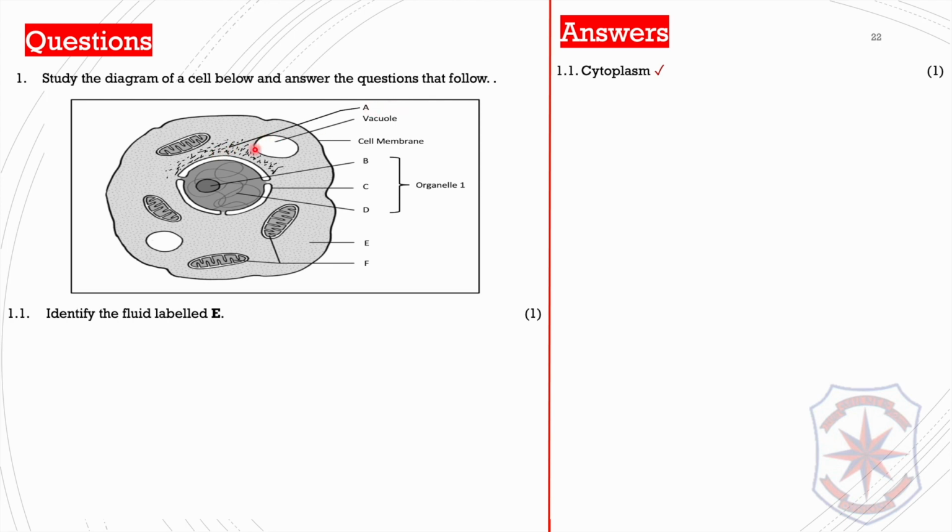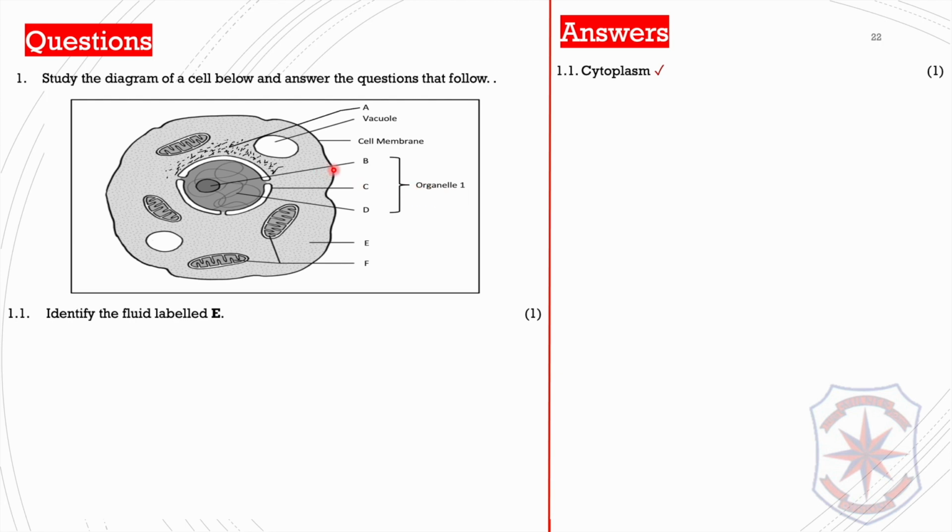Okay, A represents the organelles that are called ribosomes. Okay, so the vacuole has already been labeled, the cell membrane has already been labeled, and then we have B, C, and D. Now, B, C, and D, according to this diagram, form an organelle called organelle 1.